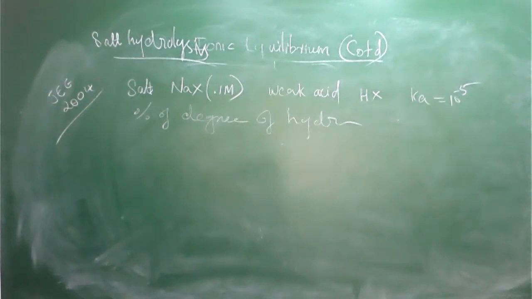Find out Kh: Kw divided by K. Kw is 10 to the power minus 14. Kh is equal to Kw upon K, so 10 to the power minus 14 upon 10 to the power minus 5. So the answer becomes Kh equal to 10 to the power minus 9. Correct.